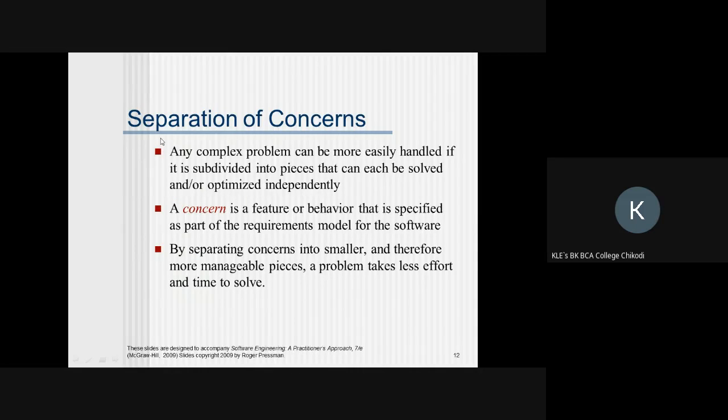Separation of concerns. A concern is a feature or behavior that is specified as part of the requirement model for the software.